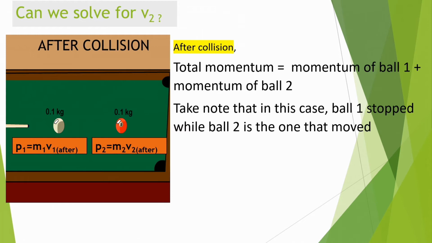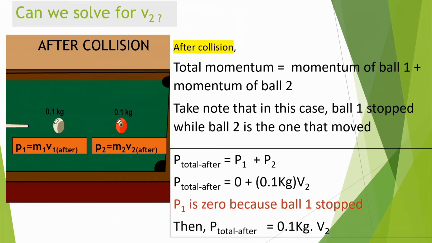So after collision, the total momentum is equal to the momentum of the first ball plus the momentum of the second ball. Take note also that in this case, ball 1 stopped, while ball 2 is the one that moved. So, computing for it, we have the total momentum after collision is equal to p sub 1 plus p sub 2, or momentum 1 plus momentum 2.